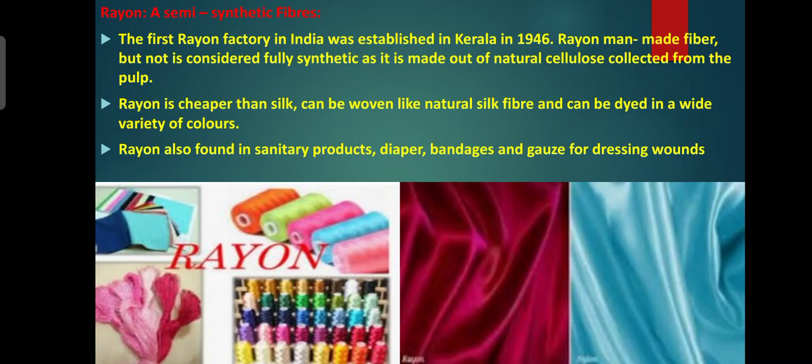Rayon is a man-made fiber, but it's not considered fully synthetic as it's made out of natural cellulose collected from wood pulp. The cellulose collected from wood or bamboo pulp is treated with several chemicals to make a viscose solution.